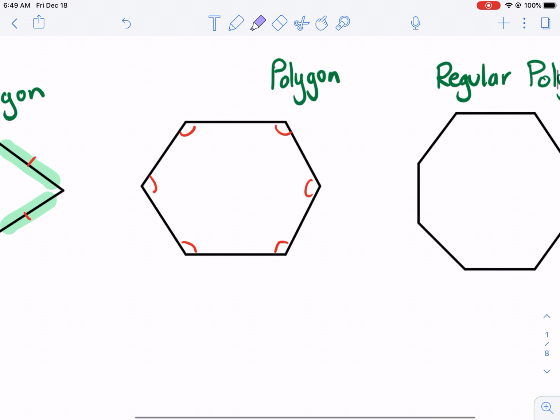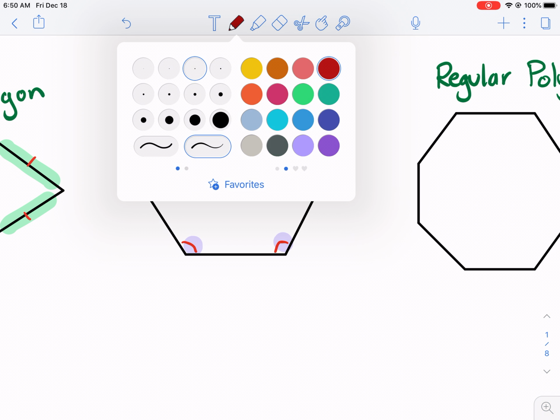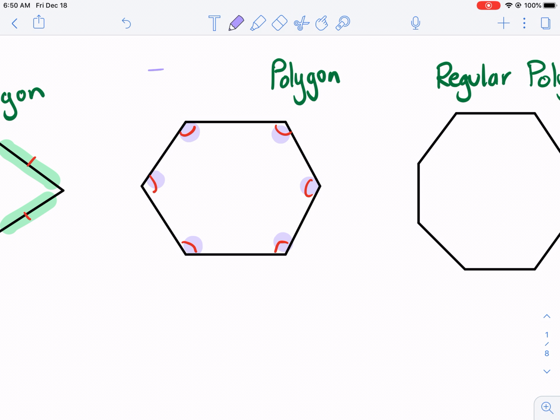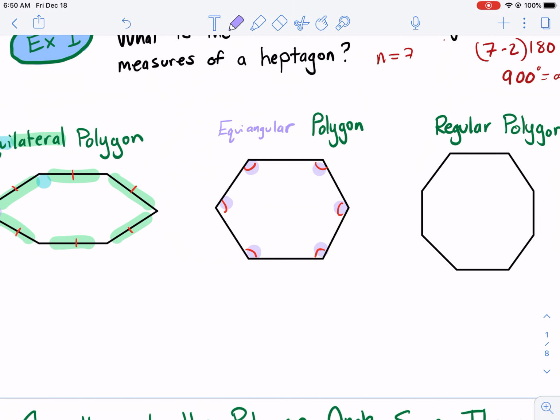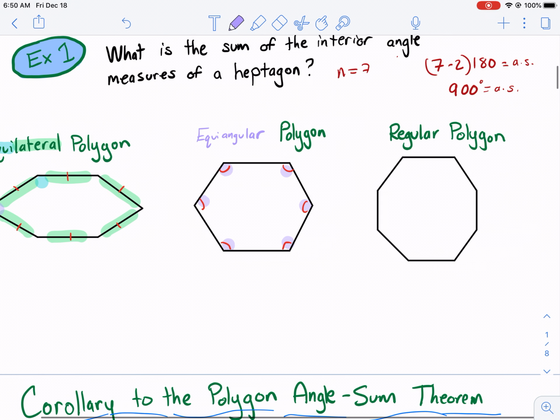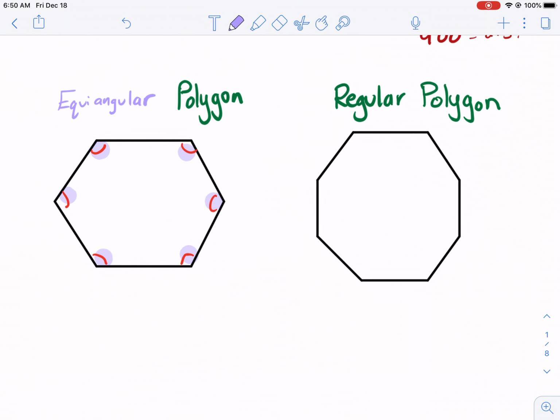Now, what happens with this one? What do you notice in this diagram? We don't know anything about the sides, but we notice that the angles are all the same as given by those little lines. So this is an equiangular polygon, where all the angles are the same measurement.